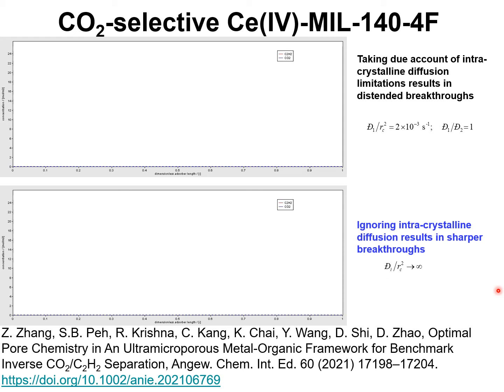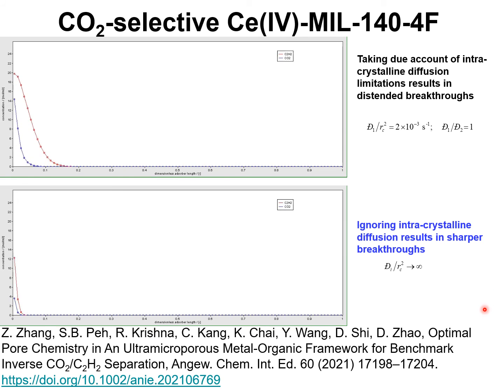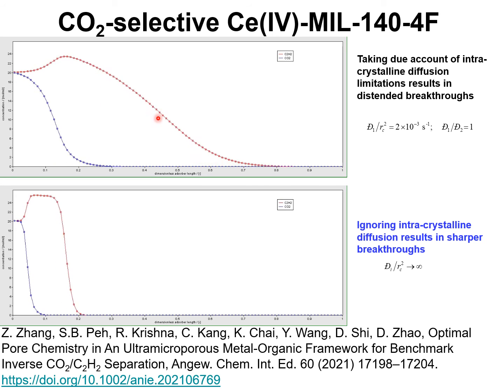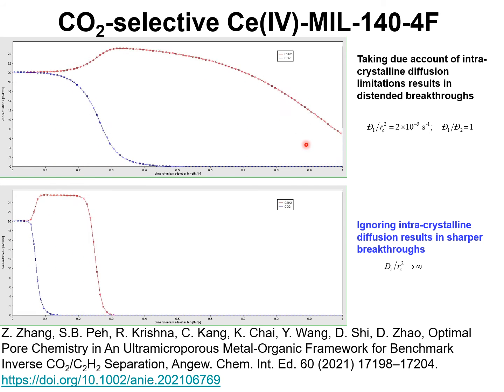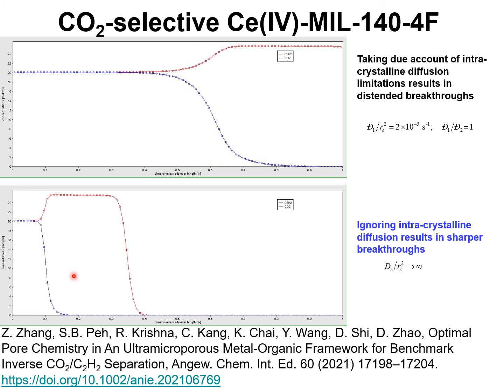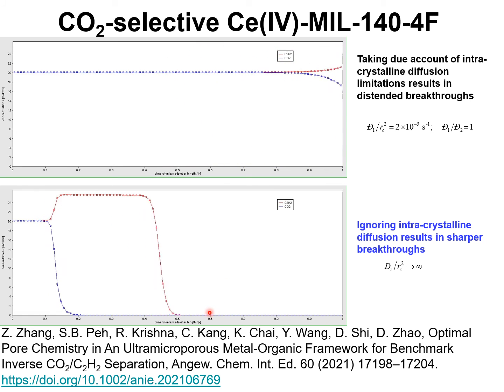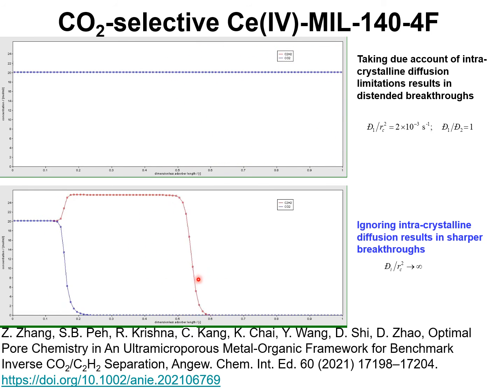Let's have a look at the two simulations. I will run these simultaneously. I would like you to note that the simulations with diffusion have a more distended characteristic than the simulations that ignore diffusion. If diffusion effects are ignored, you get very sharp fronts.